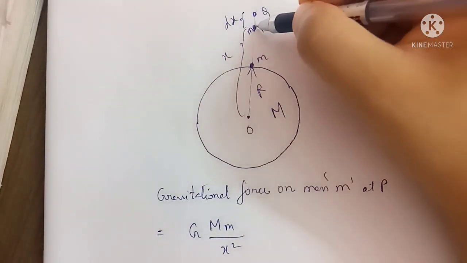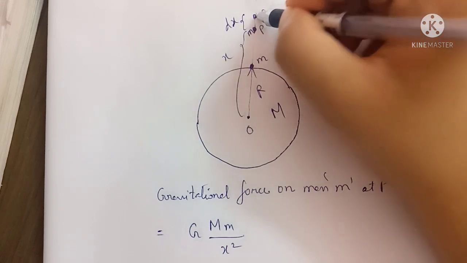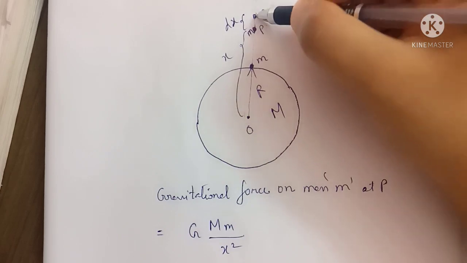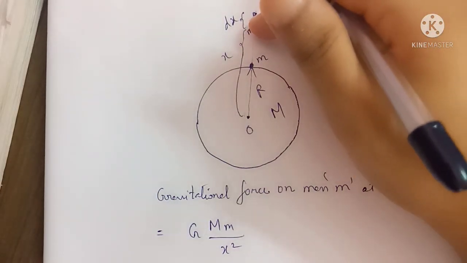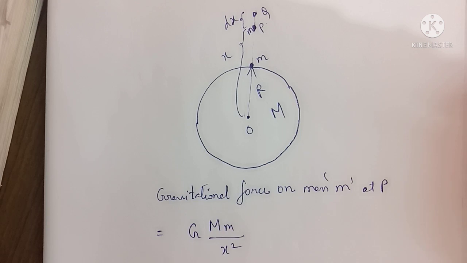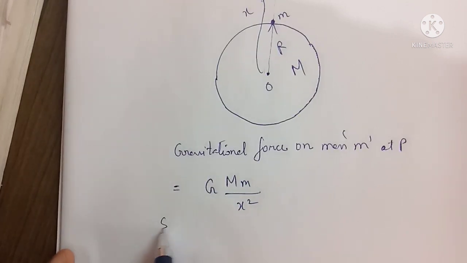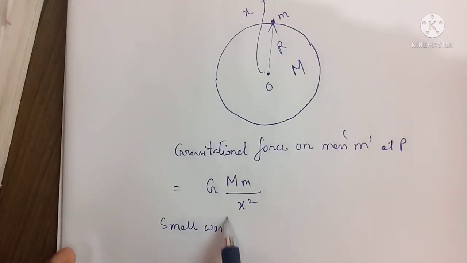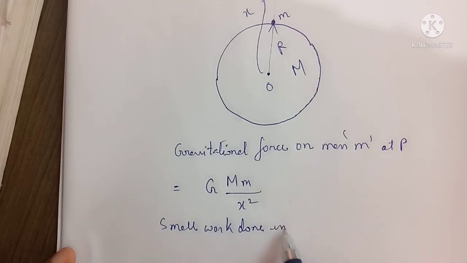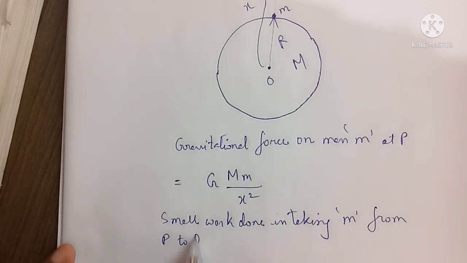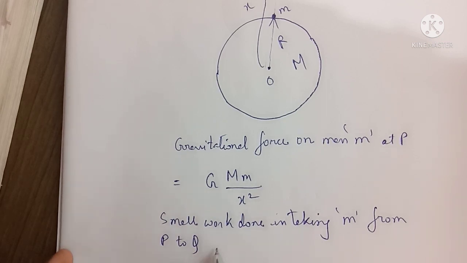Now to take the object from P to Q, we have to do work against this force, because from P to Q it is in the vertically upward direction, and the Earth is already pulling the mass m in the downward direction. So now we find the small work done in taking m from P to Q. This will be equal to force into distance.